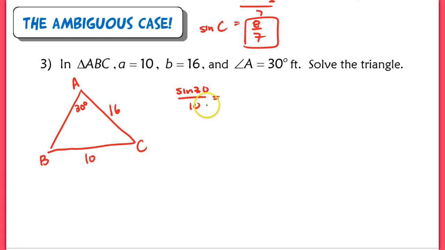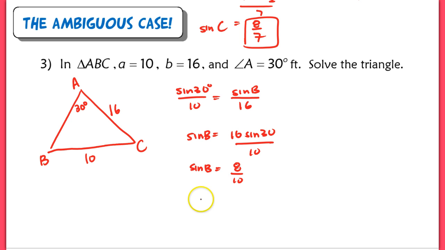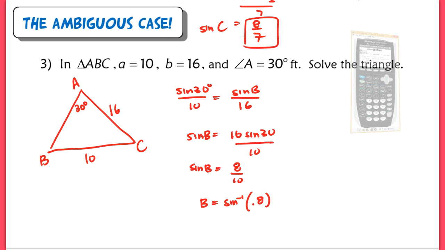I've got sine of 30 over 10 is equal to the sine of B over 16. Now if I want to solve for b, I have the sine of b is equal to 16 times the sine of 30 over 10. So here I have the sine of b is equal to, again, 16 times 1/2 is 8, so 8/10. So if I want to solve for b, I need to take the inverse sine of 8/10. So I can type that right into my calculator now.